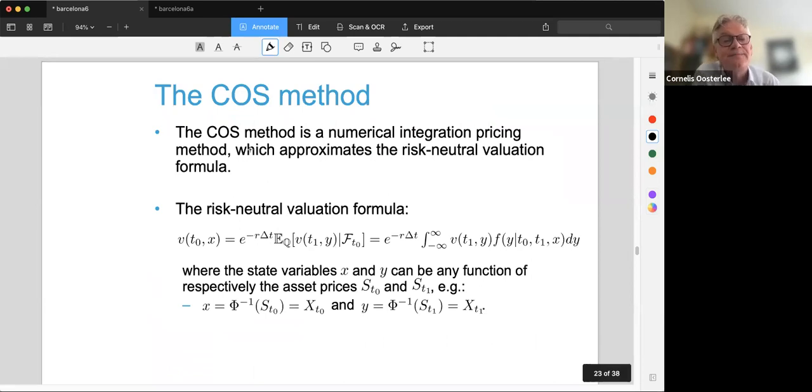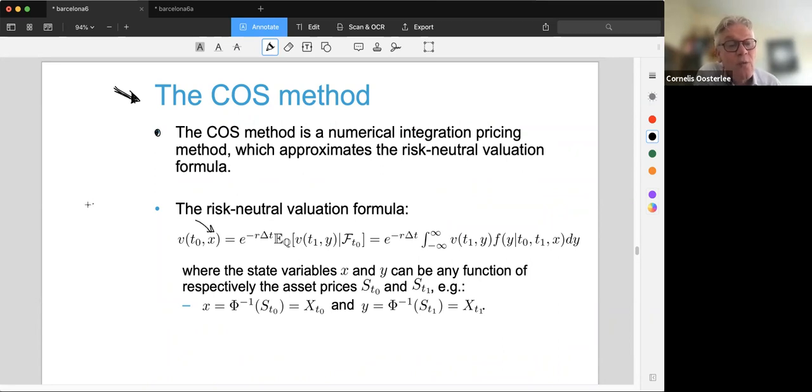It's pretty nice. And we use the COS method, as you could imagine, in a research environment. Just a quick reminder, the COS method is a numerical integration technique. It approximates the risk-neutral valuation function, V at time t0, for some variable x.